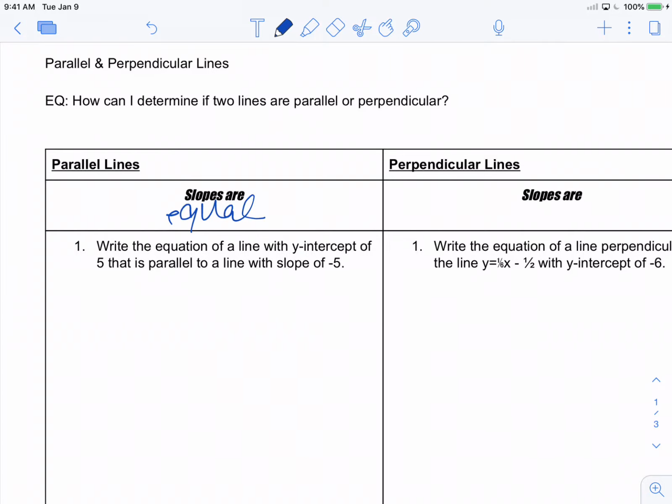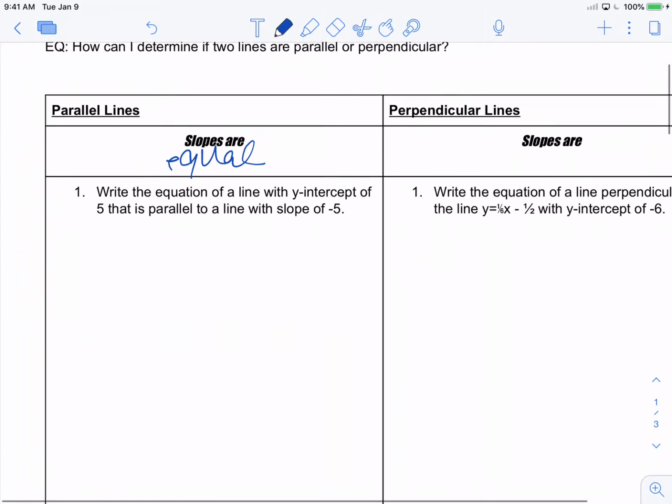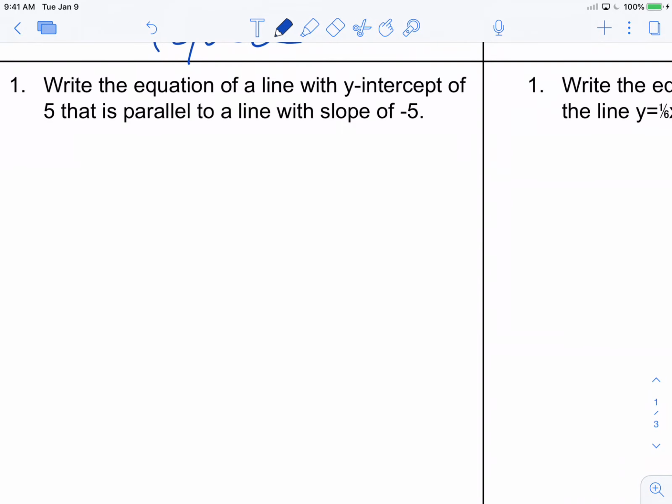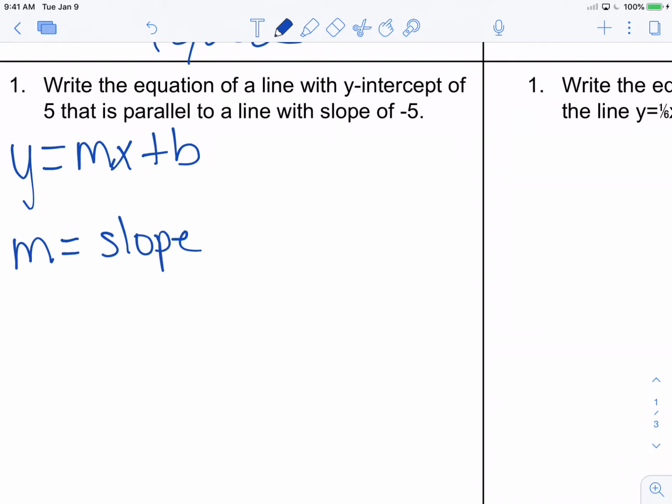So let's write the equation of a line with the y-intercept of 5 that is parallel to a line with a slope of -5. I want to write it in the form y equals mx plus b. My m is my slope, b is my y-intercept.